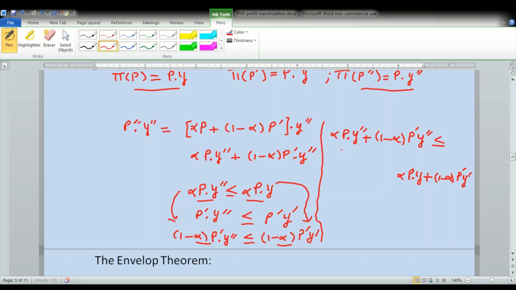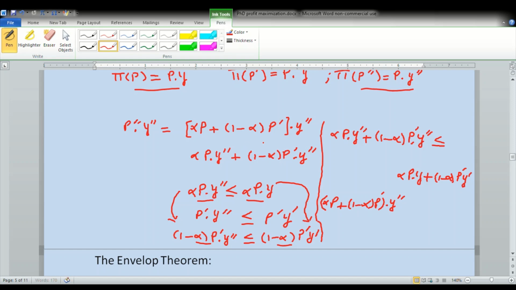Okay, now I am taking this y double dash out on the left hand side, so that I have alpha p plus 1 minus alpha p dash dot y double dash.